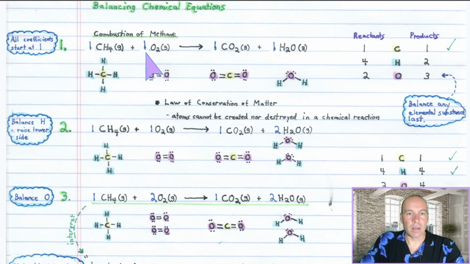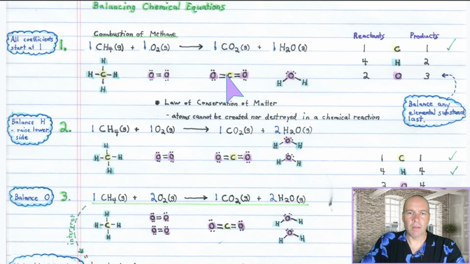Hydrogens, the hydrogens are here, and there are 4 atoms of hydrogen. The oxygens are there in the O2, okay, and there are 2 oxygen atoms per molecule. Okay, on the right, the carbon is in the form of CO2, so there's only 1 there. And then you have hydrogens in water. You have 2 hydrogens in the water molecule, so 2.